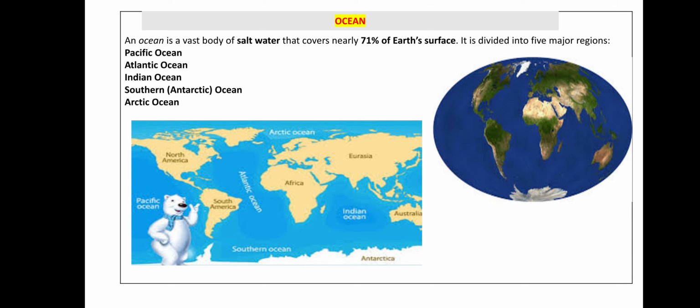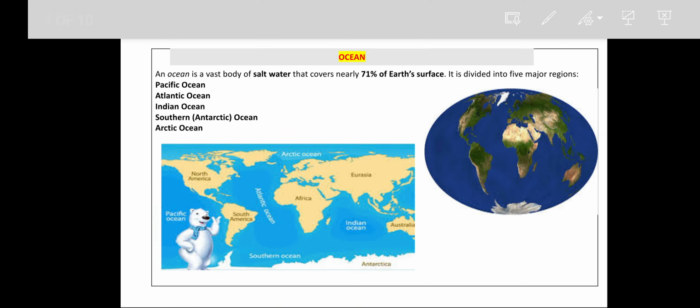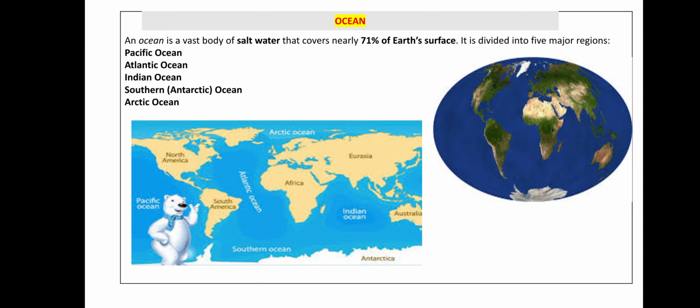Sir, can we say this is ocean? So obviously we can say this water body is known as ocean. What kind of oceans there are you can see in this picture: Pacific Ocean, Atlantic Ocean, Arctic Ocean, Indian Ocean.